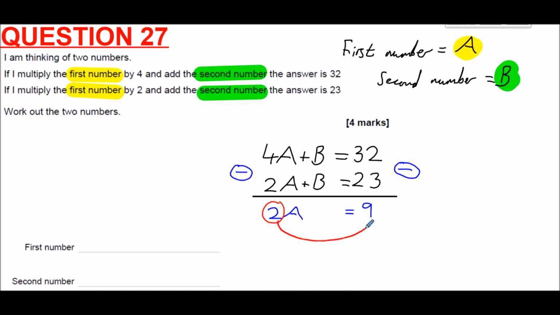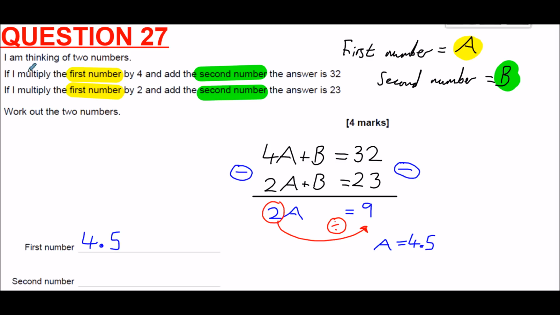That 2, which is multiplying the A, becomes a divide by 2 when we swap the side and swap the sign. If 2 lots of A is 9, 1 lot of A will be 9 divided by 2, which is 4.5. And so the first number is 4.5.